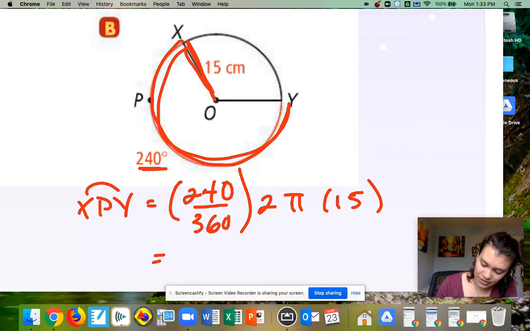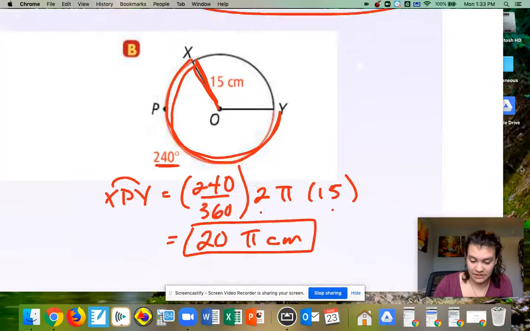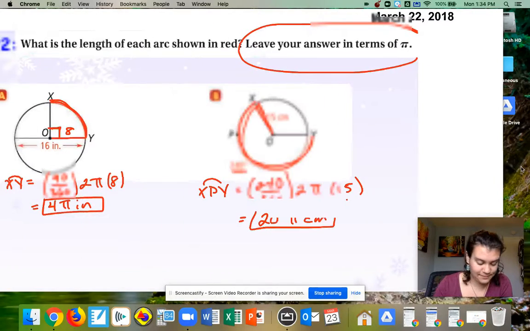So multiply 240 over 360 times 2 times 15, and you'll get 20, and then put the pi out front, and that's your answer. If you type this into a calculator, you should get 62.83 centimeters, but again, you want to leave it in terms of pi because that's what the question asks.